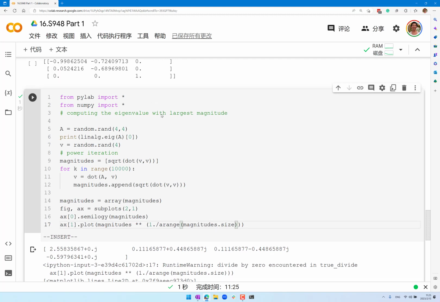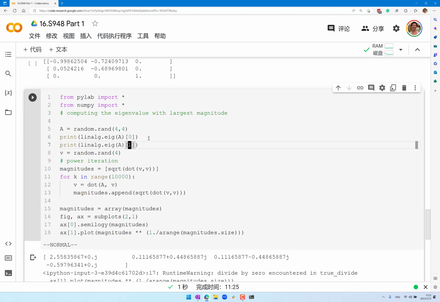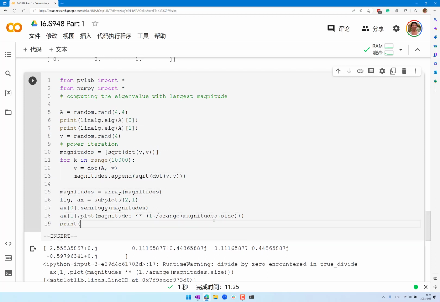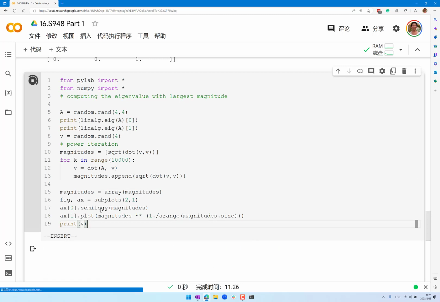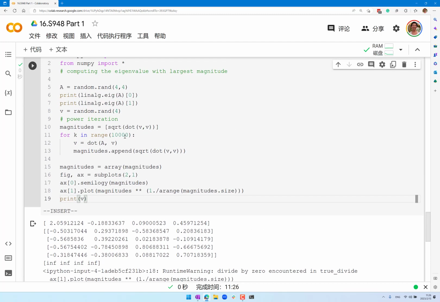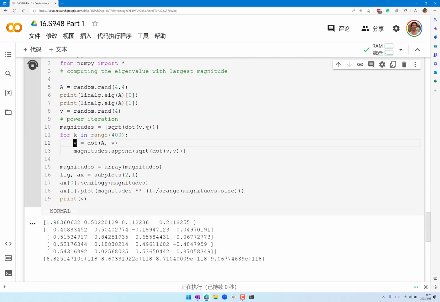How about the eigenvector associated with that eigenvalue? Well, let's also print that. This is the eigenvectors, and it's actually pretty trivial. If you print v at the end, you're going to see a bunch of infinities because we iterated too much. So let's only do it for 400 iterations.